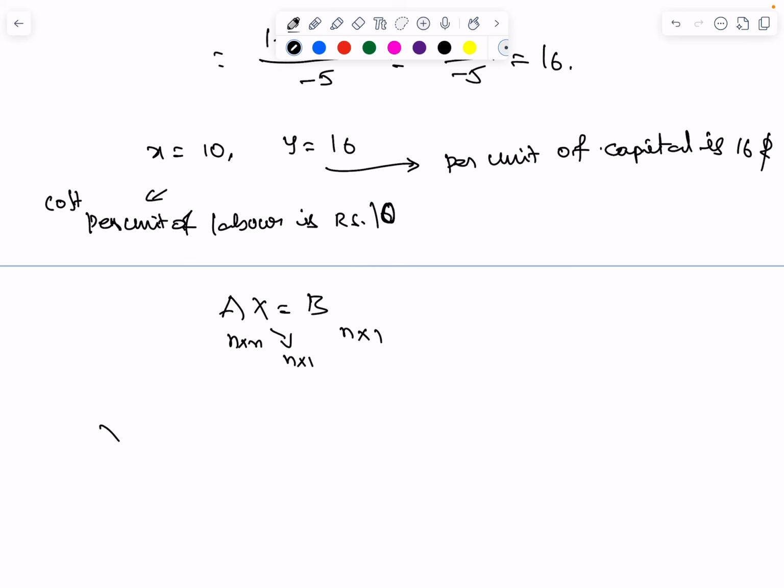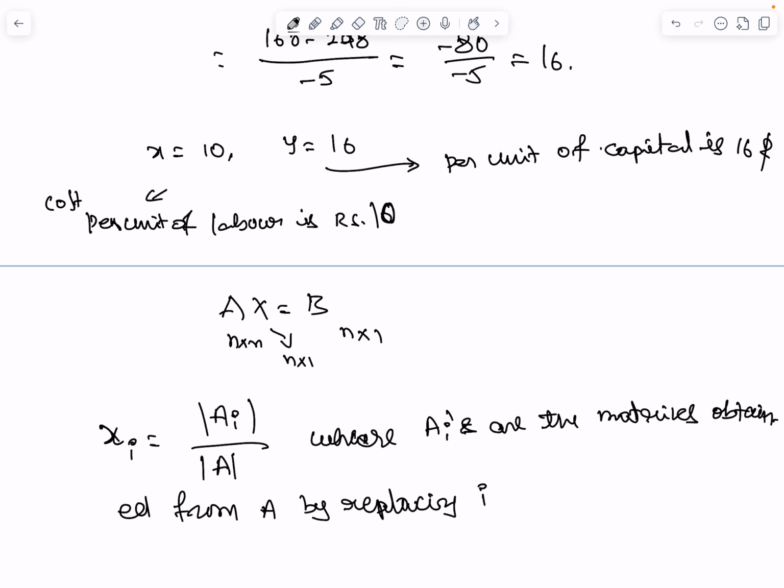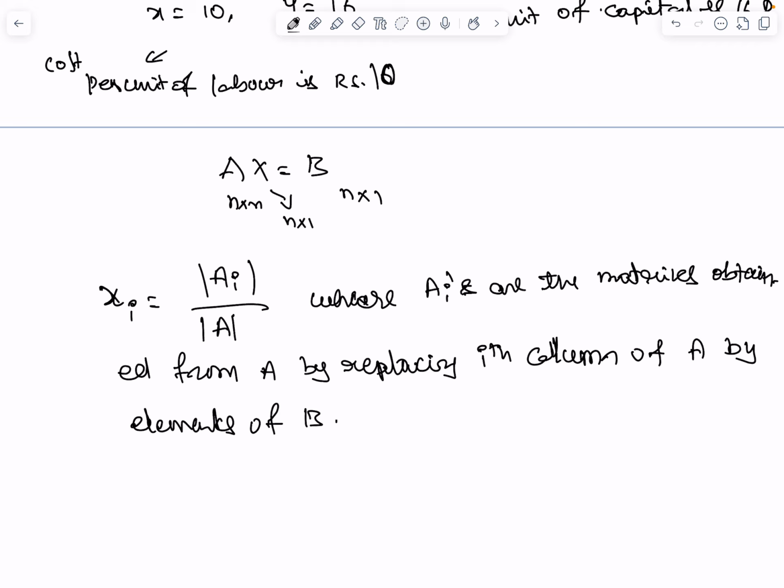Then xi is equal to this, where the Ai's are the matrices obtained from A by replacing the ith column of A by the elements of B. So we are doing this repeatedly to fix those variables.